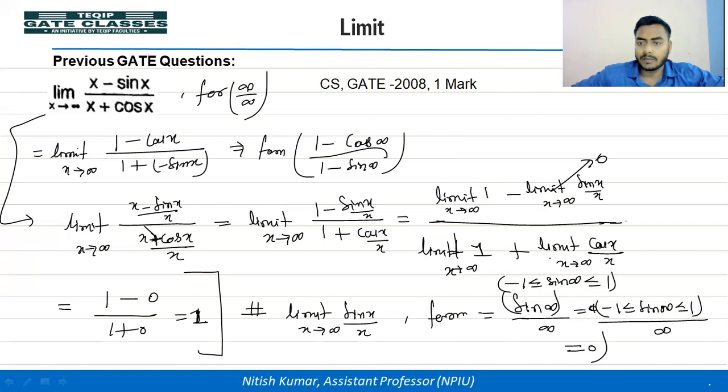This will also be 0. So directly we can write 1 minus 0 divided by 1 plus 0. It will be 1.